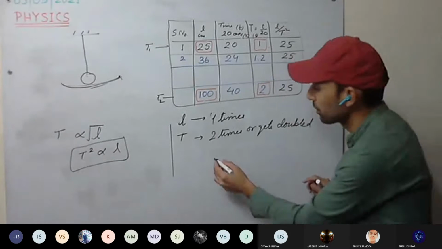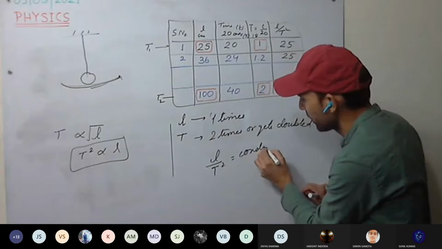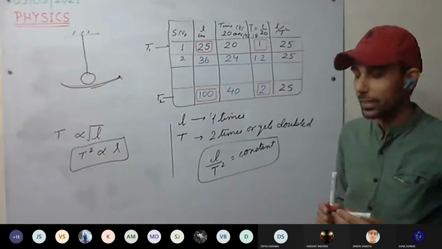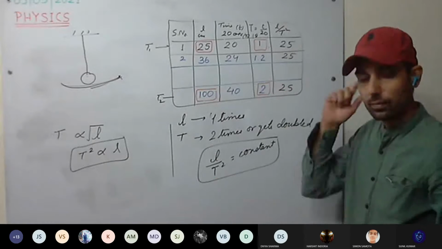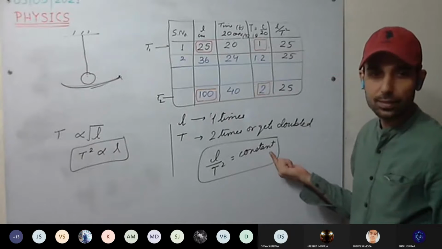All are 25. You can see it is constant. It means L upon T square is constant. Is this fine?